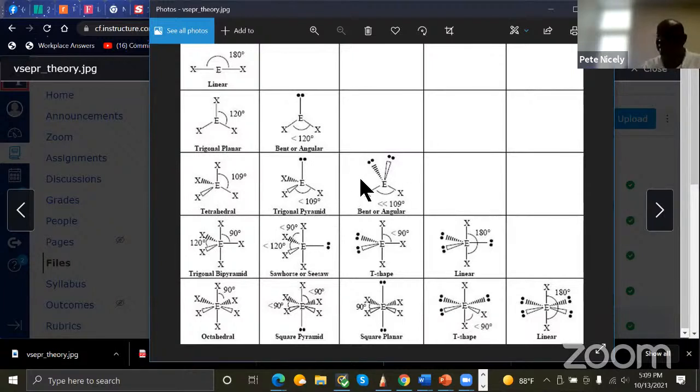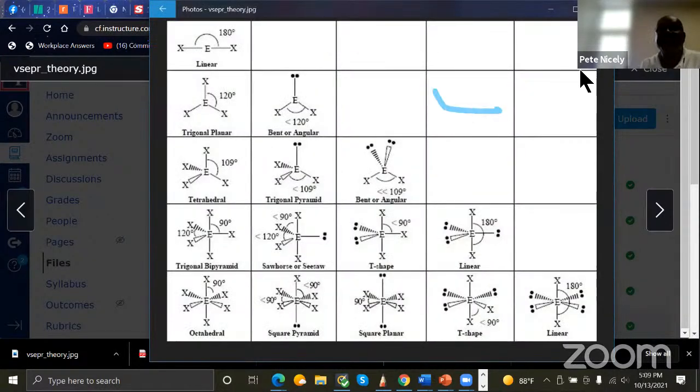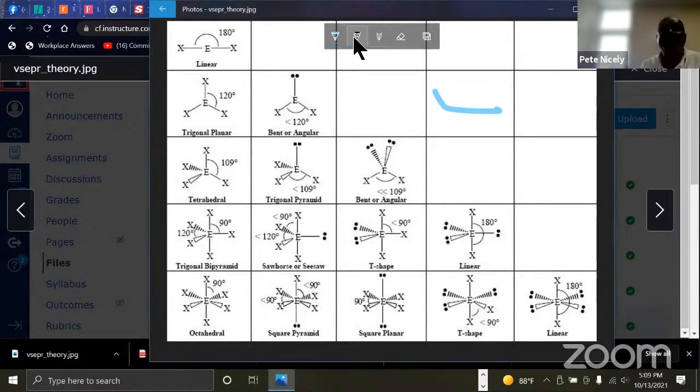So for example, let me draw on this. I think one of the examples we used was SCl2.